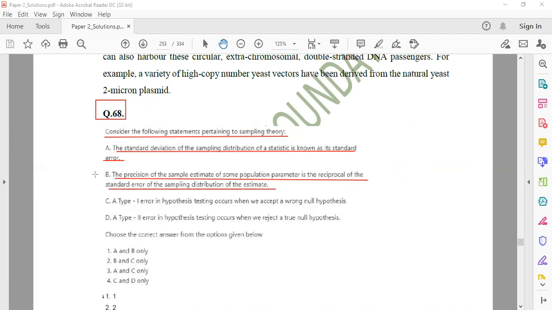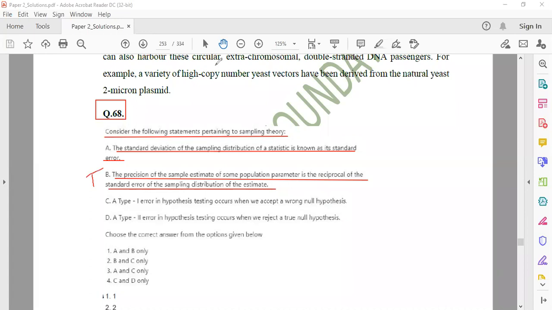Precision means how precisely you can measure something, how close to the actual value. तो sample estimate अगर हम लिखेंगे किसी population का, if the population is very large, and you talk about the precision of the sample estimate, that will be more accurate. That's why we say we should have a large sample size in order to have more accuracy, right? So the second statement is also correct.